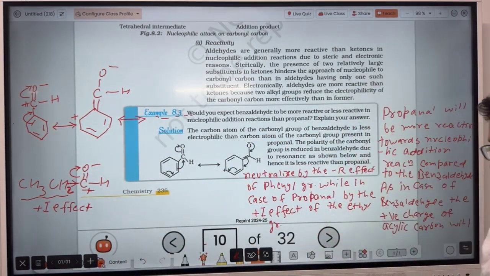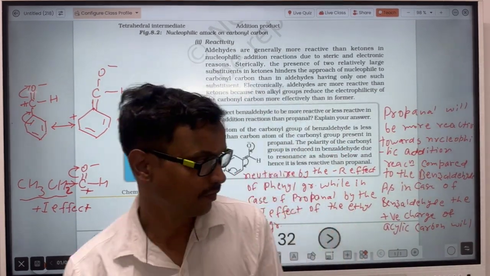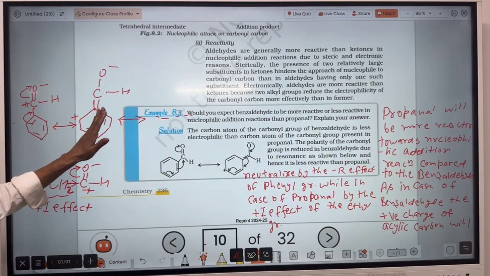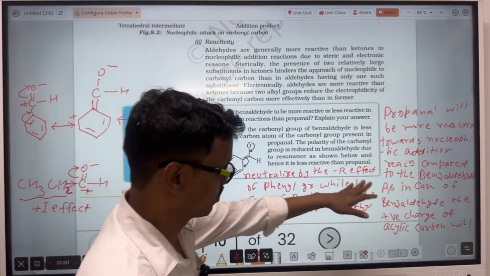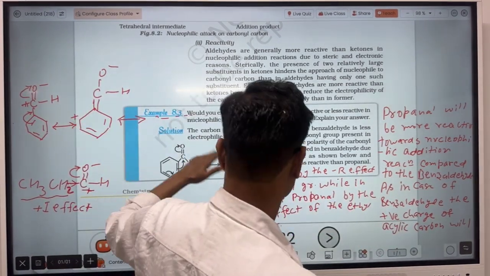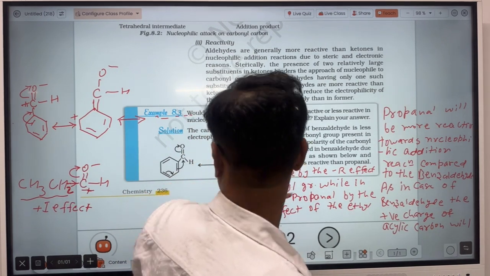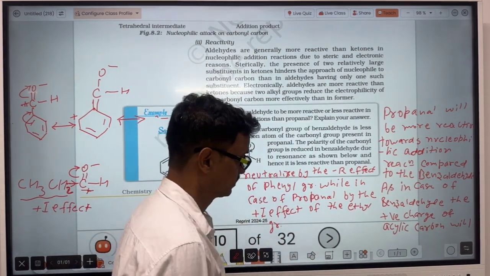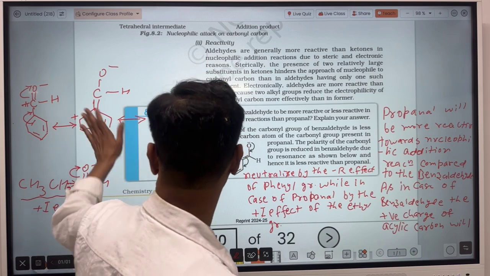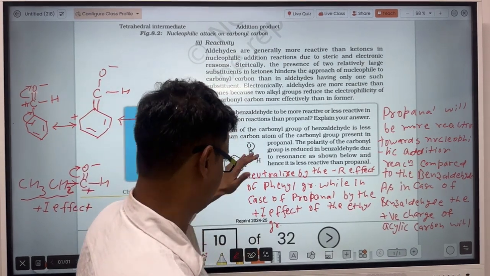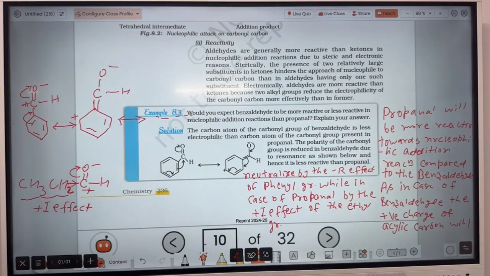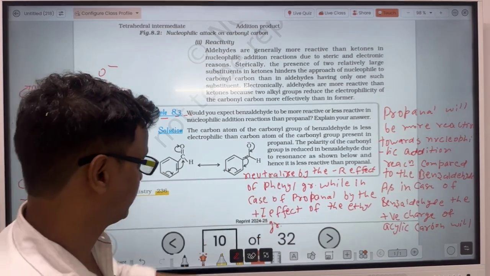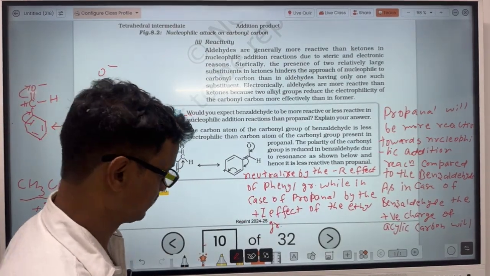In reasoning based questions, what you have to do is draw this, then show the resonance, and then state that propanal is more polar than benzaldehyde, because the positive charge on the acyclic carbon atom is neutralized by the plus I effect in case of propanal, and by the minus R effect in case of benzaldehyde.